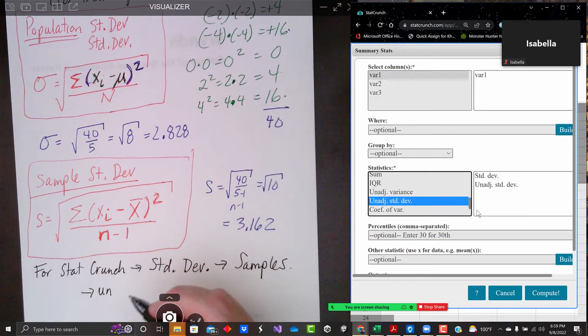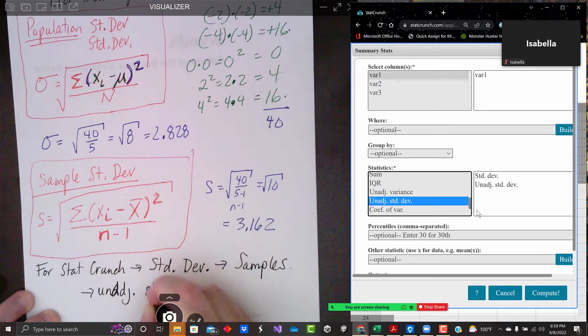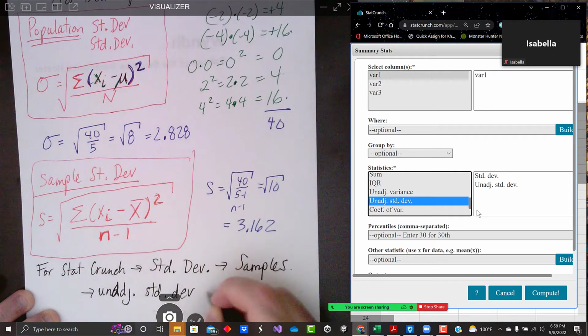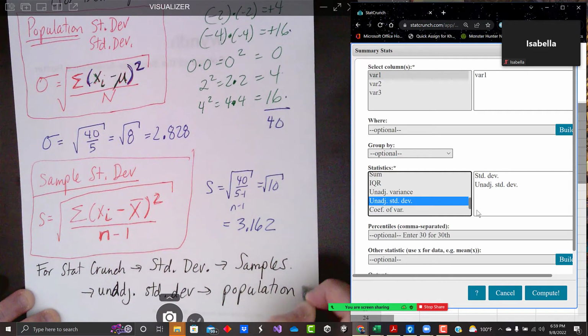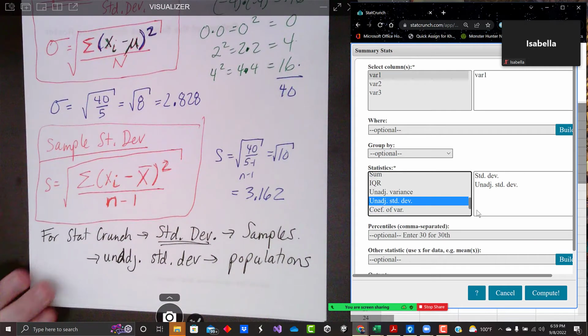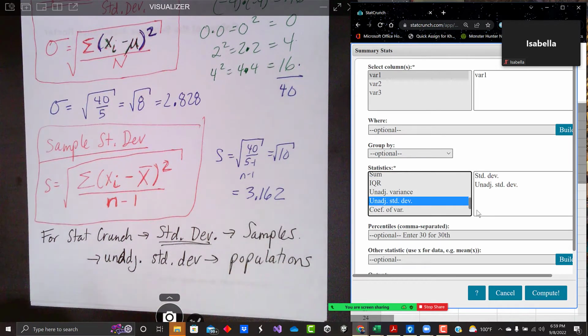Unadjusted standard deviation. This is for populations. Most of the time, we are using this top one. Almost 99% of the time in this class, we're going to be using this top one. But there is two different ones, one for samples, one for populations.